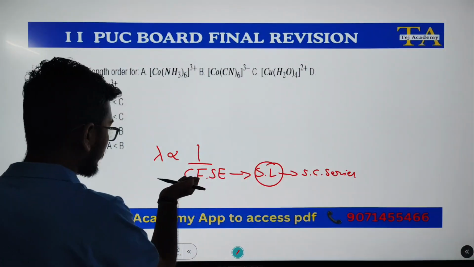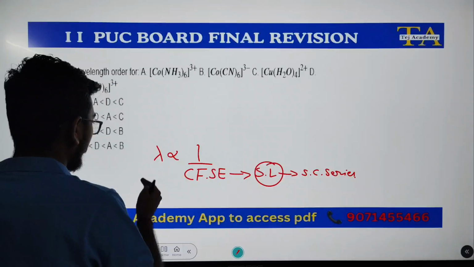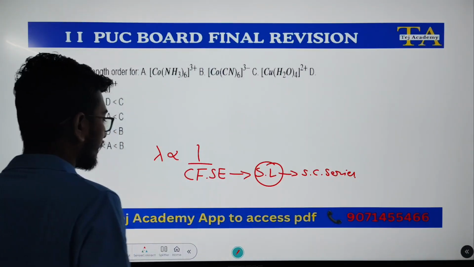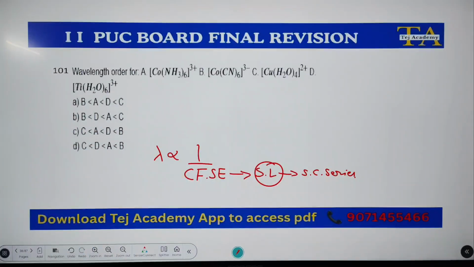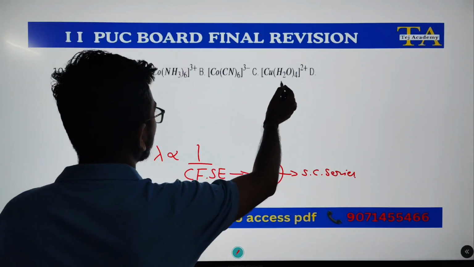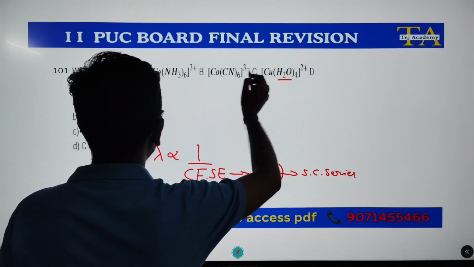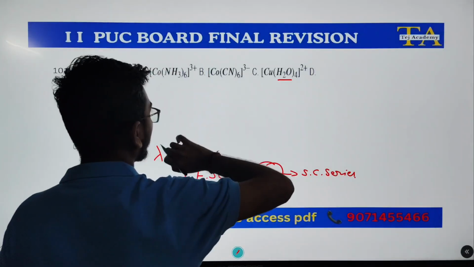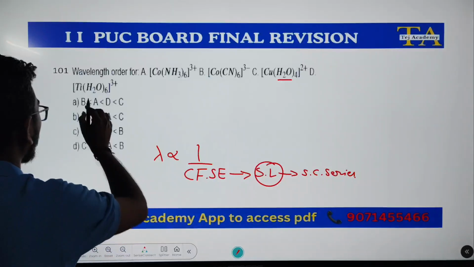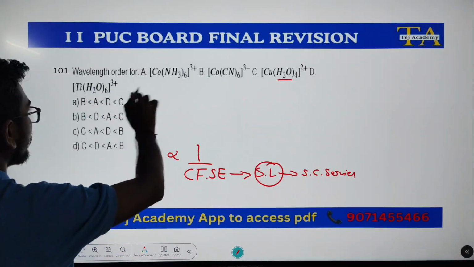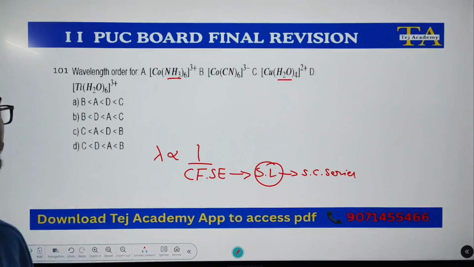So if it is more CFSE, then less wavelength. If it is more wavelength, then less crystal field splitting energy is required. Now which option is correct here? See, H2O is there, a weak ligand, neutral ligand. Then you see ammonia is there.